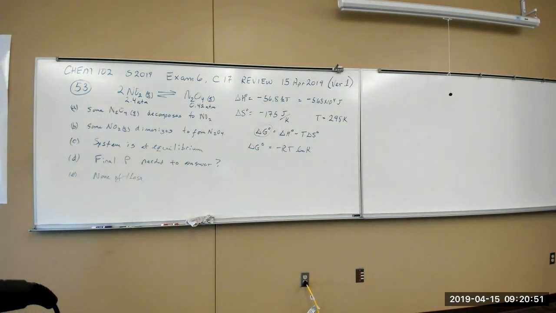Wait, where's that you're using? Hold on a second. Lower right-hand corner, delta G equals delta H minus T delta S. That's given. And then delta G equals minus RT log K is in the column to the left of it. Okay, I found it.